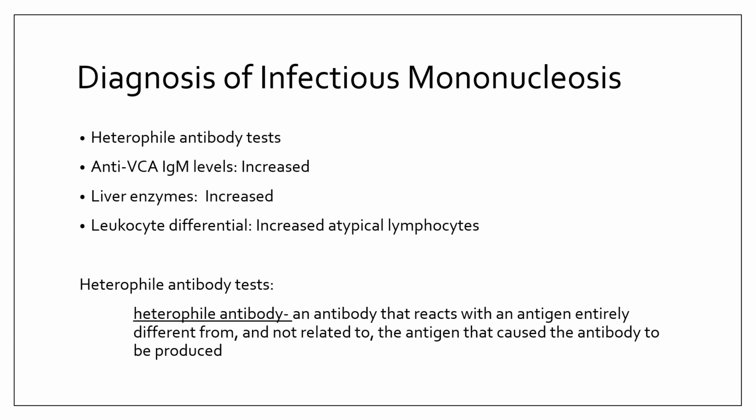Those levels are going to be increased in patients that have infectious mononucleosis, and VCA stands for viral capsid antigen. The liver enzymes are also increased. That would include alkaline phosphatase, AST, and GGT. In the leukocyte differential, you're going to see increased atypical lymphocytes, and that's kind of the clinical picture for infectious mononucleosis.